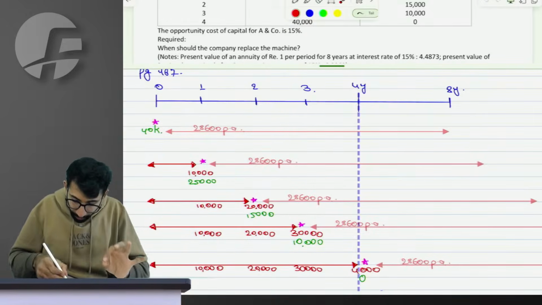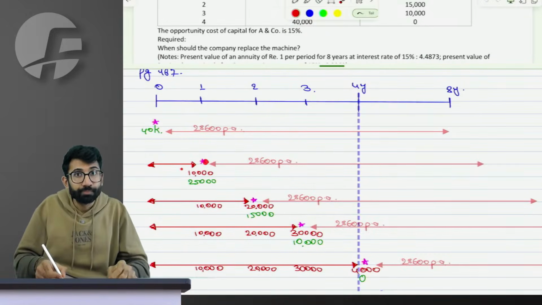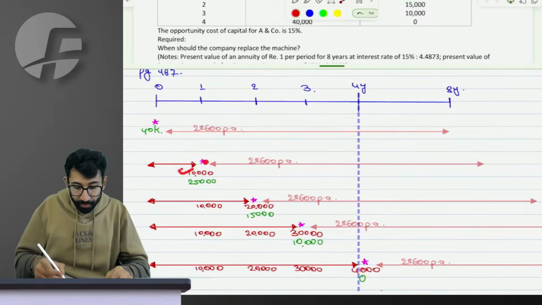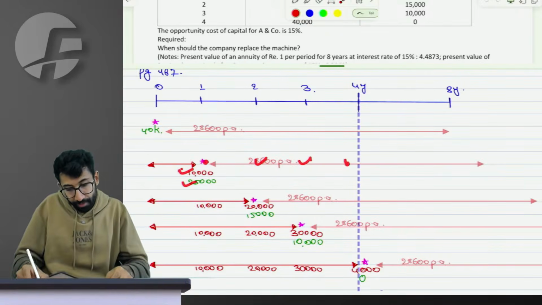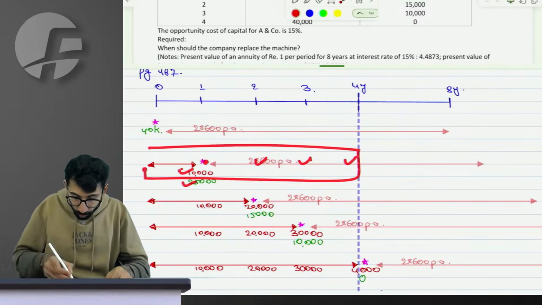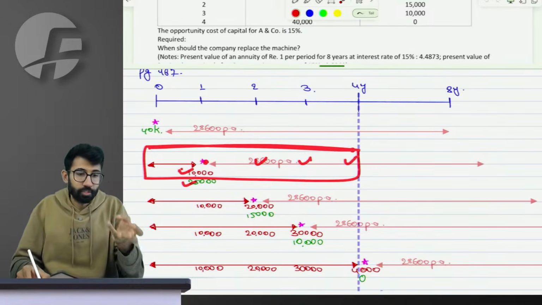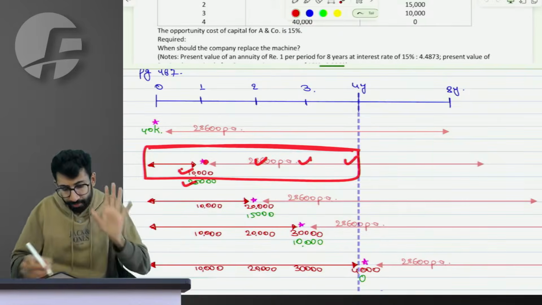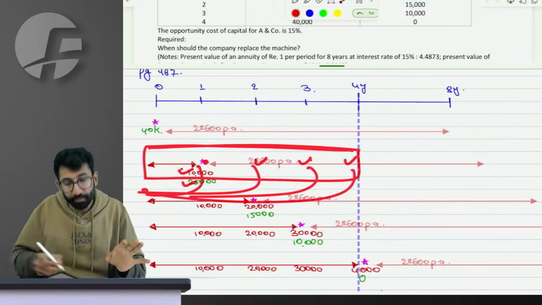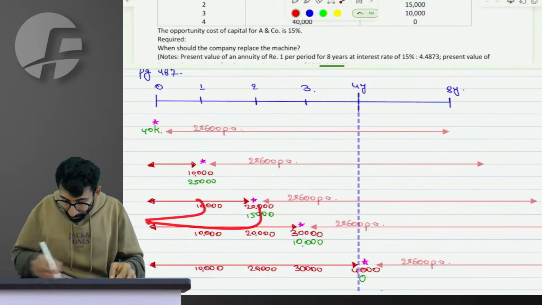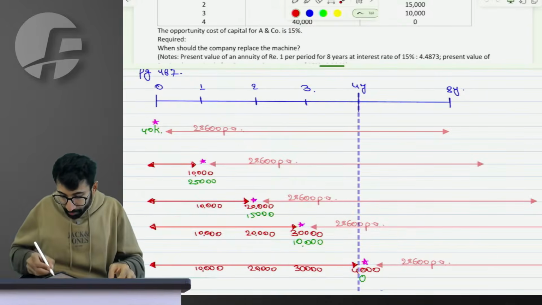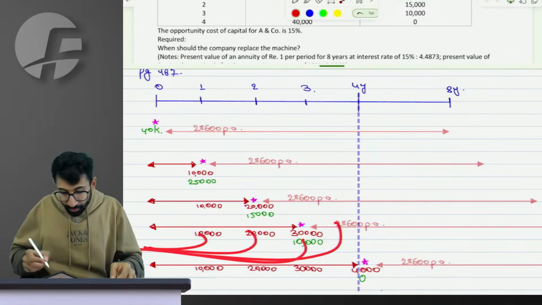Simple. If I replace the machine now, I will incur this, I will receive this, I will incur this. So for the next 4 years, the cost of buying, operating, running the old and new machine is the present value of all these amounts. Similarly for the other alternatives.